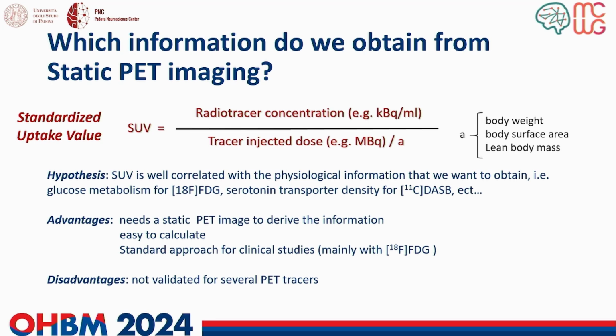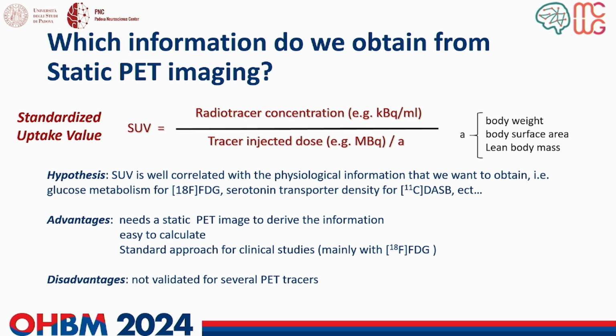We'll see. So, disadvantages: the interpretation is not validated for several PET tracers. The interpretation of higher meaning this, okay. We have some match with results in the literature to interpret FDG static images, for instance, but for several tracers we don't have it.